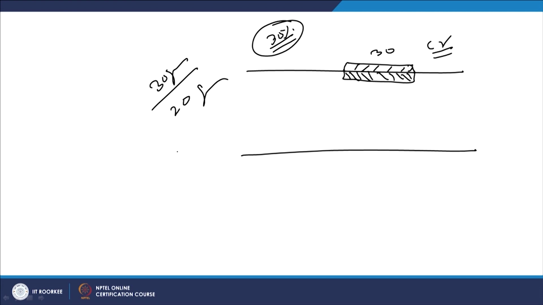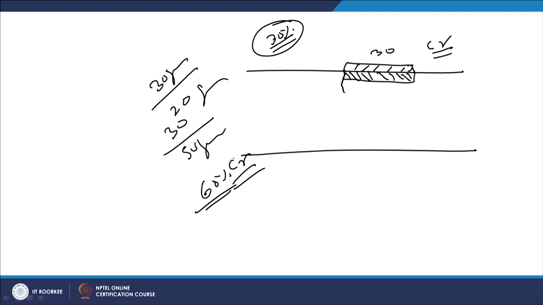Then the total will be 50 gram of metal in the molten state, out of which we have 30 gram of chromium. So, in this case there will be 60% chromium.